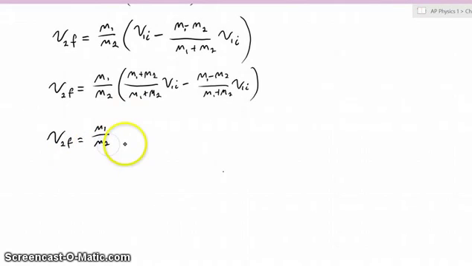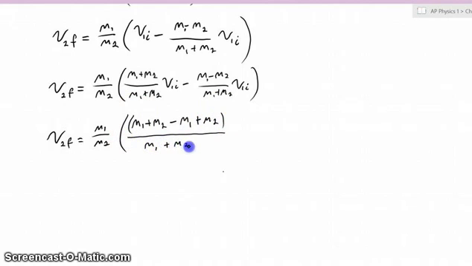And combining those numerators, we're going to get m1 plus m2 minus m1 plus m2 over m1 plus m2 times v1 initial.